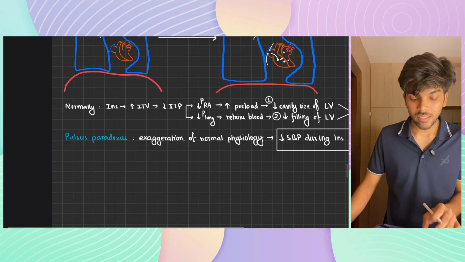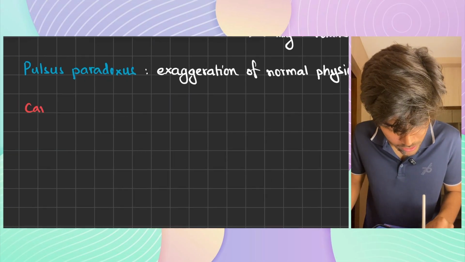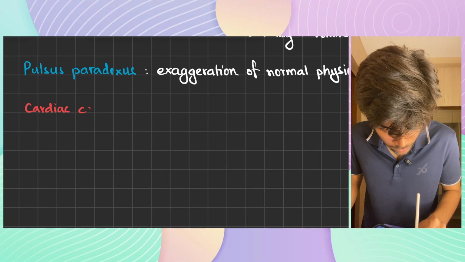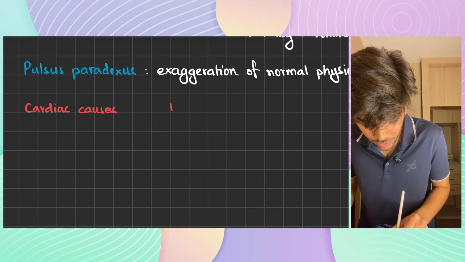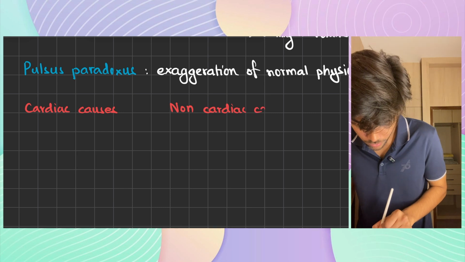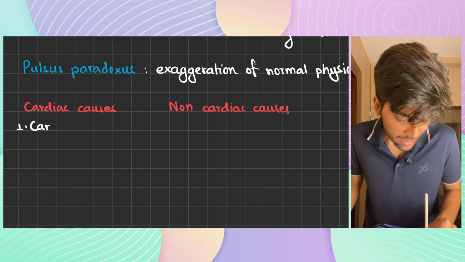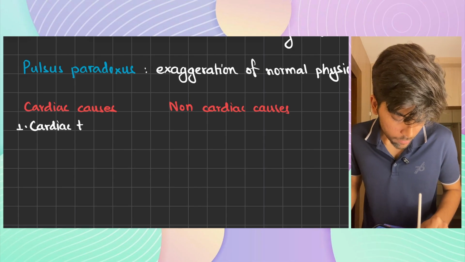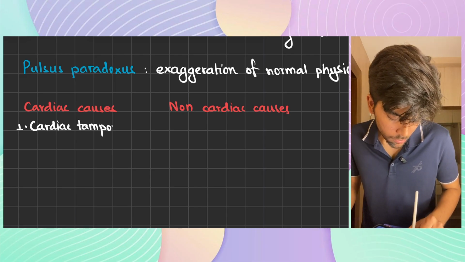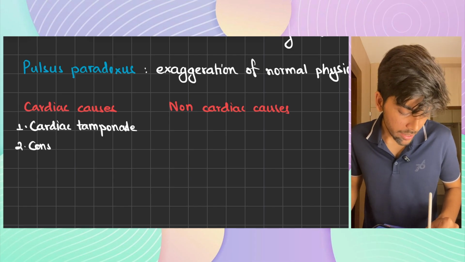Pulsus paradoxus is seen in pathologies associated with cardiac causes and non-cardiac causes. The cardiac causes are, number one, cardiac tamponade. Number two, constrictive pericarditis.